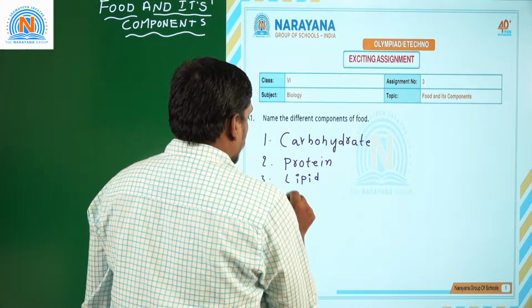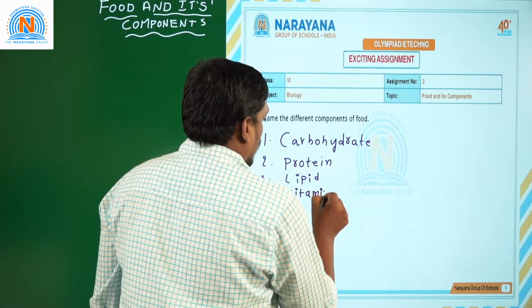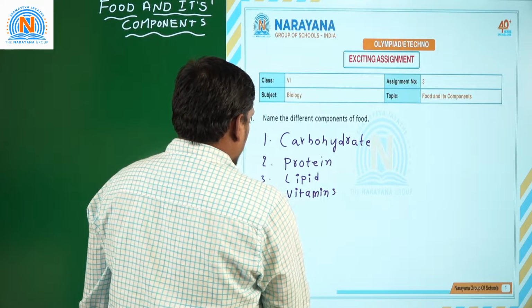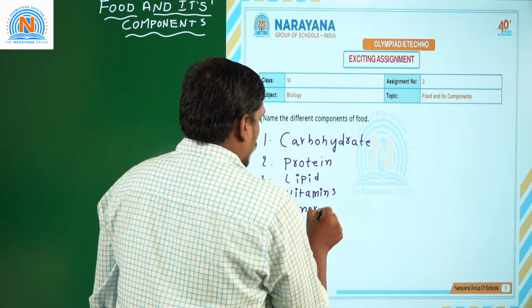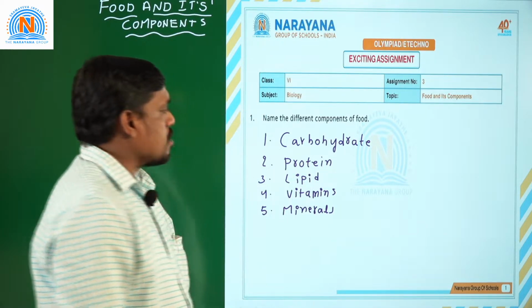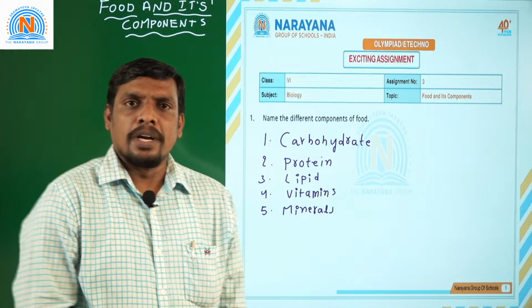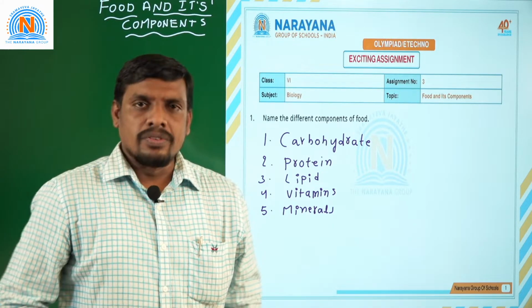Fourth one, vitamins. And fifth one, the minerals. These are the various types of food components that we can see in our diet or in our day-to-day food.